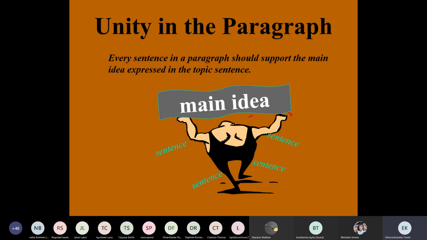Now, it's important that our paragraph has unity. What do I mean when I say unity in the paragraph? What do I mean? Working together.